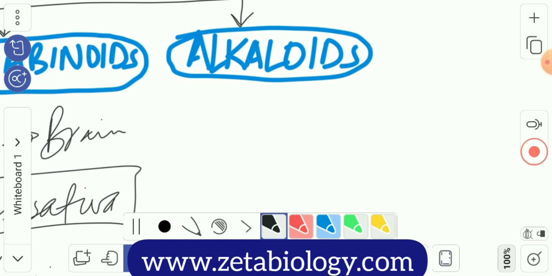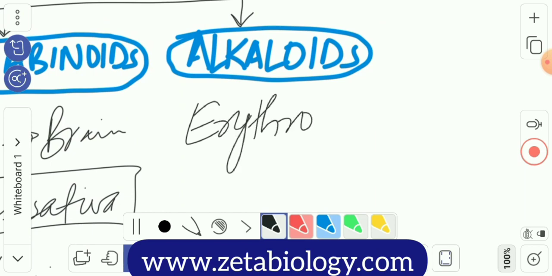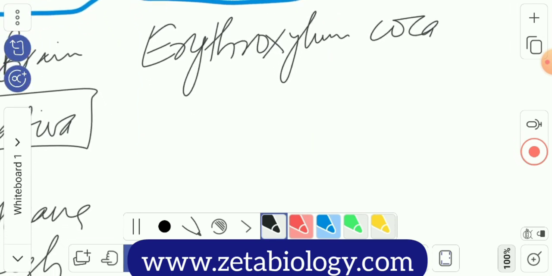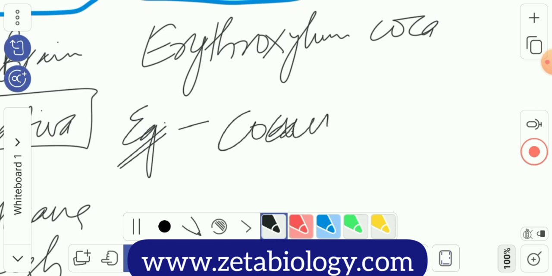The third category is alkaloids. Now, alkaloids are obtained from Erythroxylum coca plant. And the examples of drugs in this category are cocaine, also known as coke, or crack.